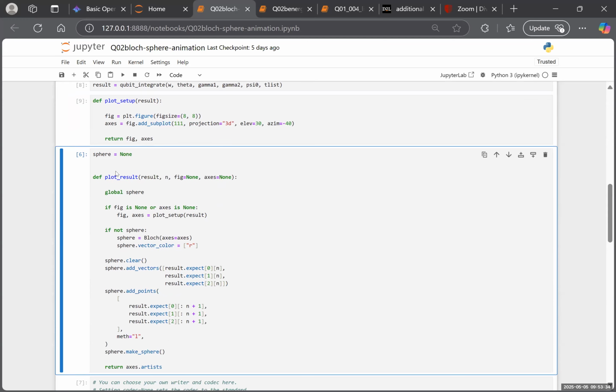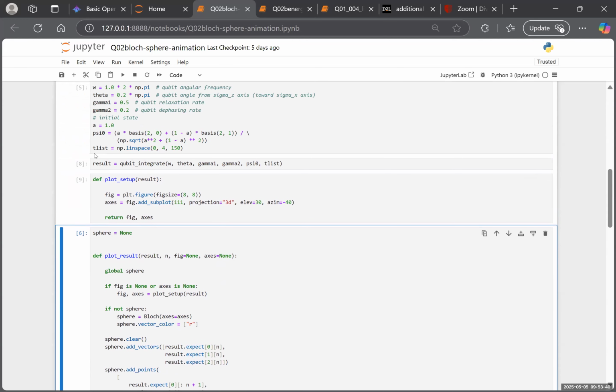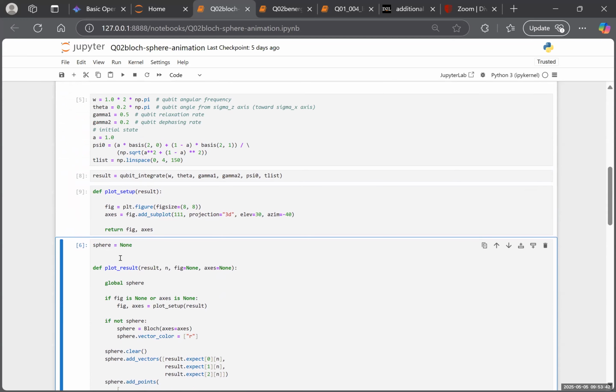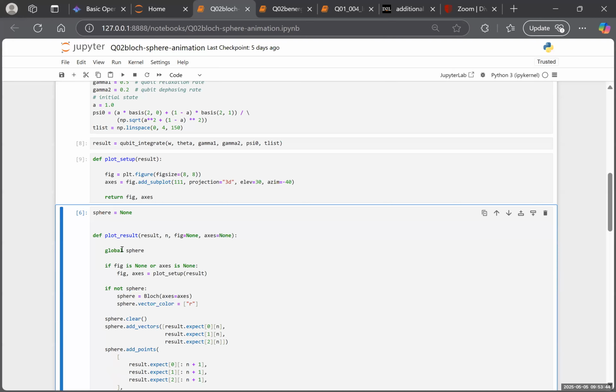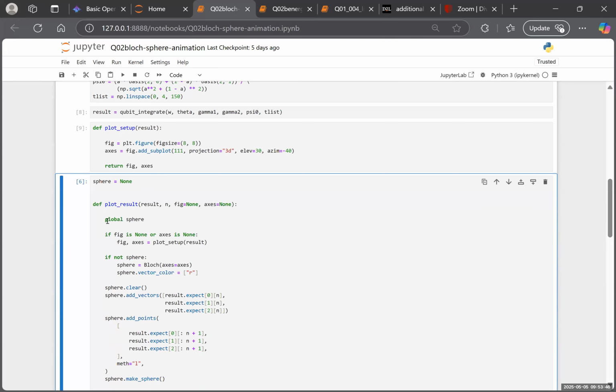But here you set up the plot result. So we want to plot in terms of Bloch sphere because this is a qubit. So we set sphere equals none, and this is a global variable. If figure is none or axis is none, then you set up that.